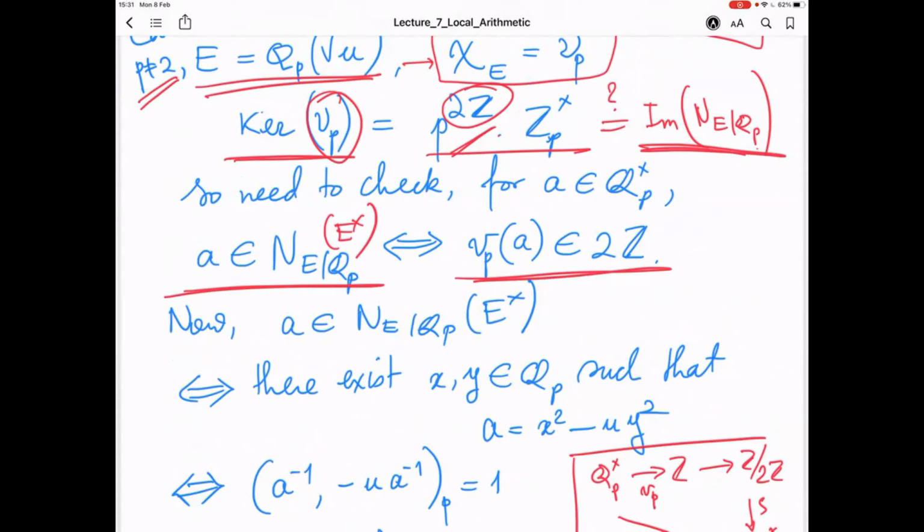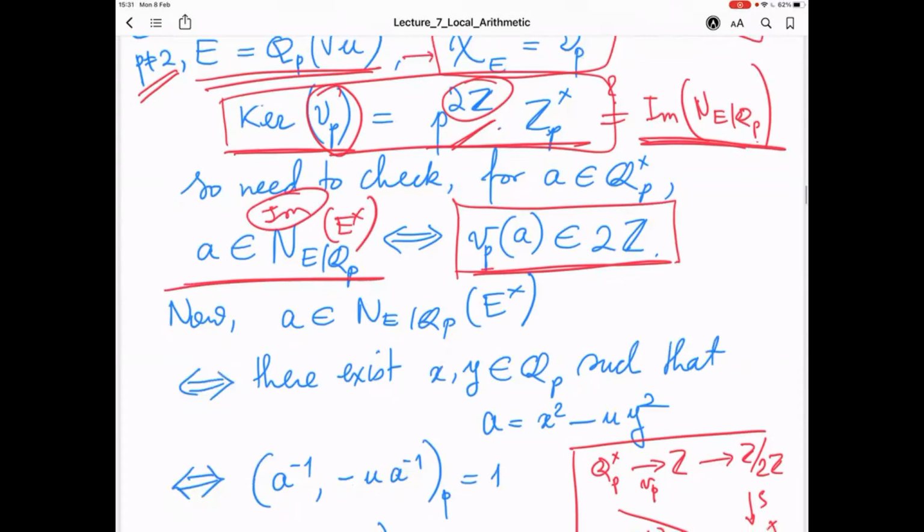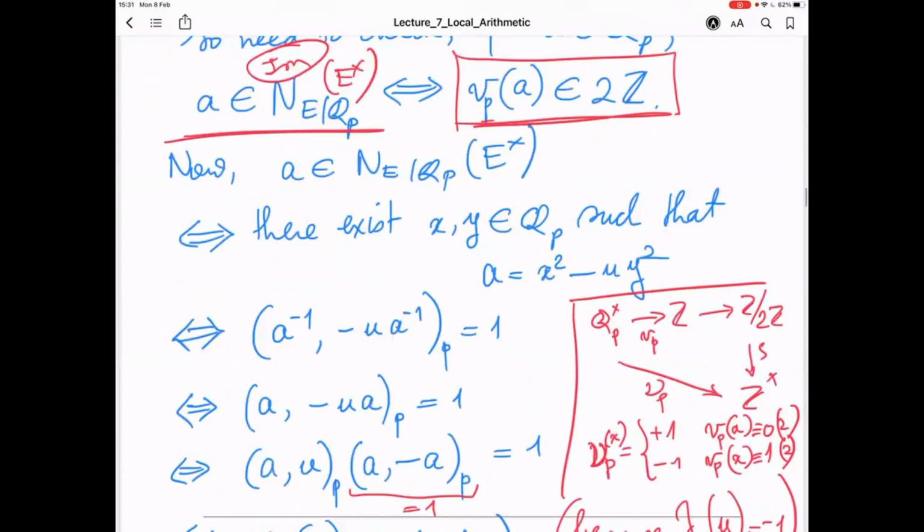Because the kernel consists of those elements of Q_p star whose valuation is even, and we want to show that the image of this norm map is also characterized by those elements of Q_p star whose valuation is even. Okay, so let's take an a which is a norm, which is in the image of this norm map.